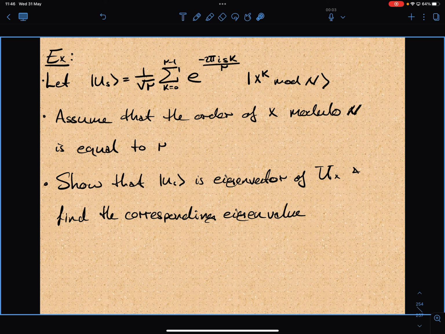Alright, we got it to there. Ux is the product of x by taking the product. So I'm going to try to simplify it and then after that.